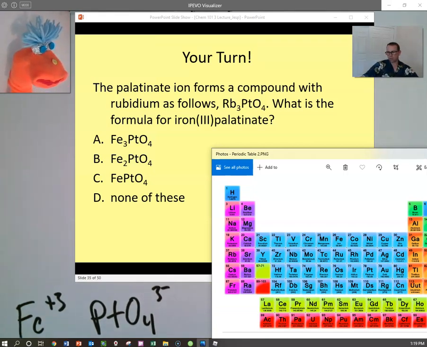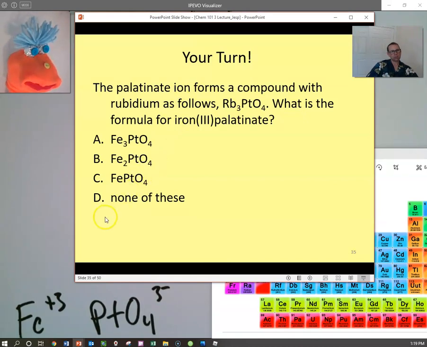Because we saw that in the other compound they provided with rubidium, 3 rubidiums were needed, and each one had a +1 charge. That's right. Good job. So, what do we know about our resulting compound? It's got to be C. How did you know? Because you need only 1 iron 3 for 1 platinate with a 3- charge.